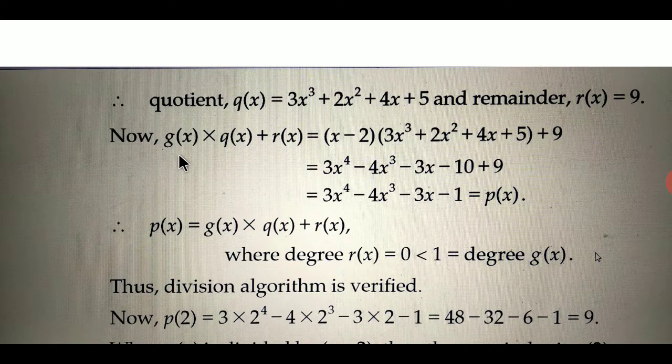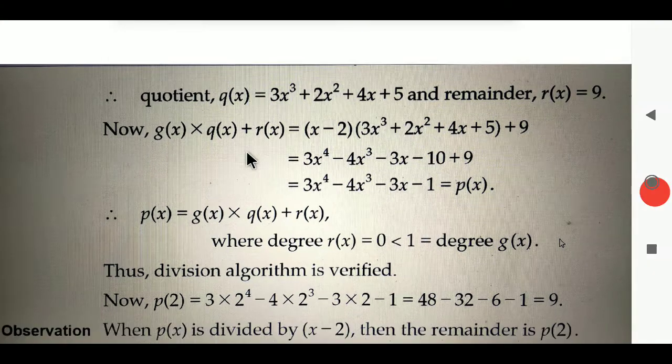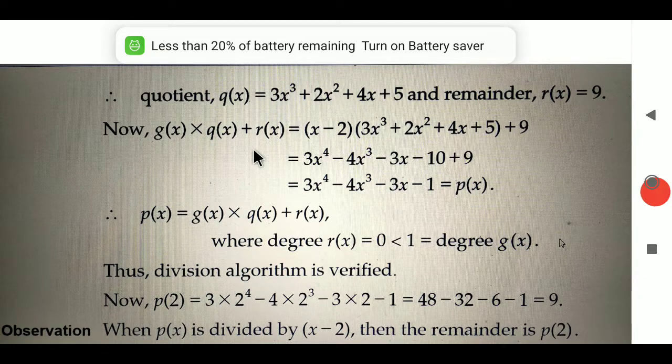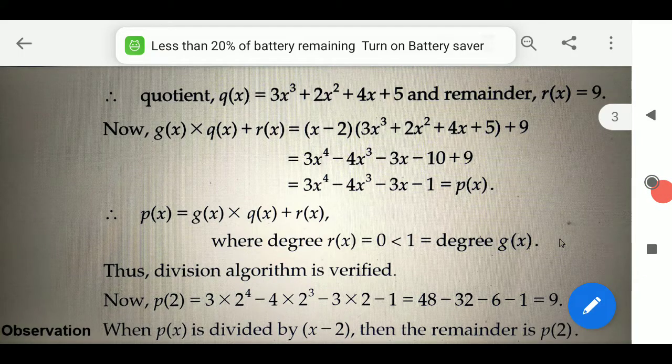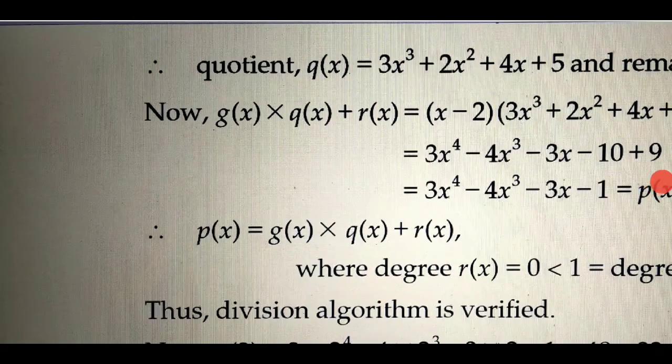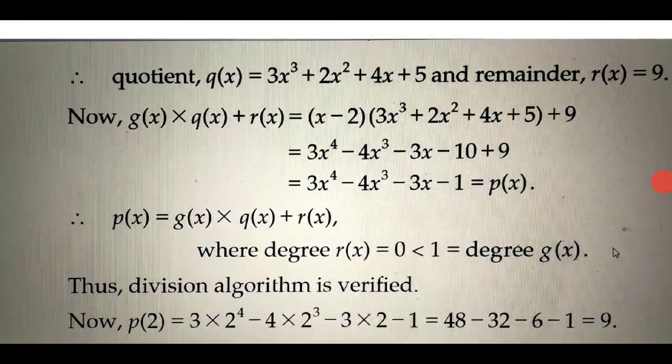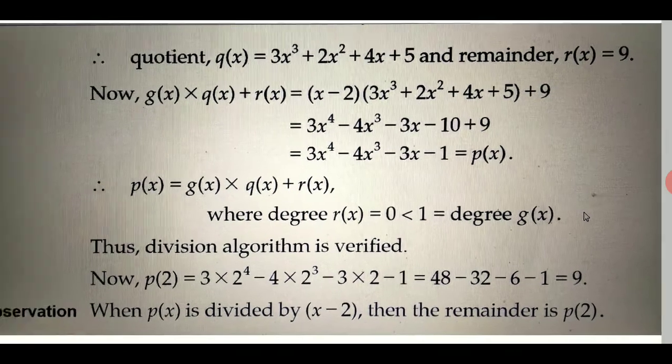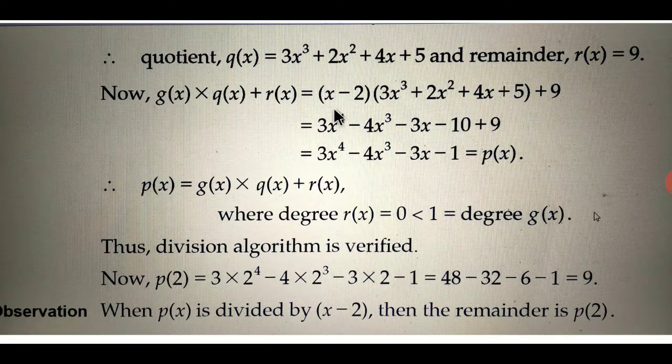Now multiply g(x) and q(x) and then add r(x). It will be x minus 2 into 3x cube plus 2x square plus 4x plus 5, plus 9. It will give you the whole p(x).